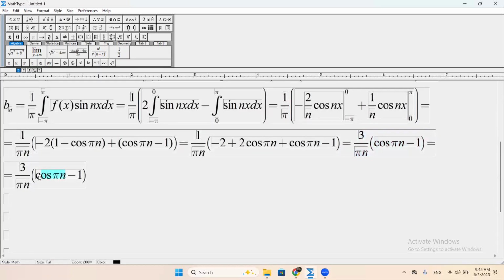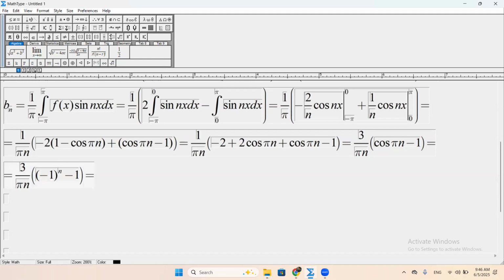So what does cosine of pn equal? If n is even, the cosine of pn equals 1. If it is odd, cosine of pn equals minus 1. So how can we write it down here? We will replace cosine of pn with minus 1 in power of n.